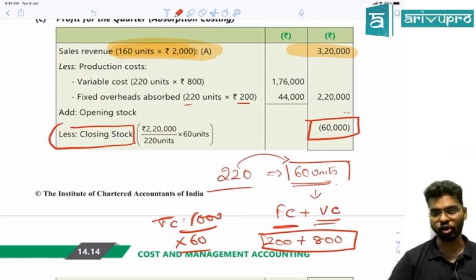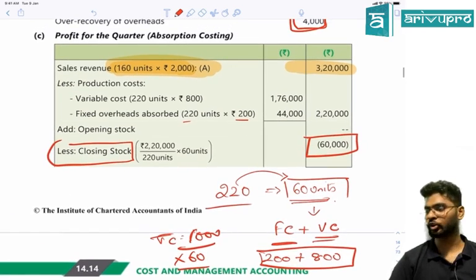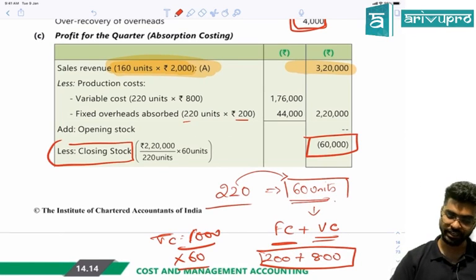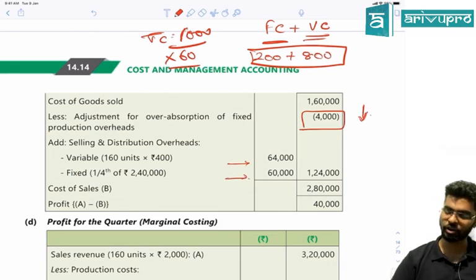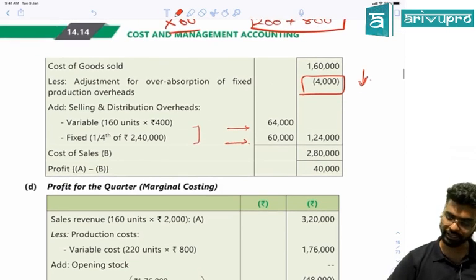My closing stock under absorption costing should be at total cost, that is the production cost, which is my variable and fixed. Done. Then I have to adjust. I told you any over absorption will reduce my profit. So you'll reduce it from the cost of goods sold. Then you'll reduce your selling and distribution, which is always going to be the same. So I'll make a profit.